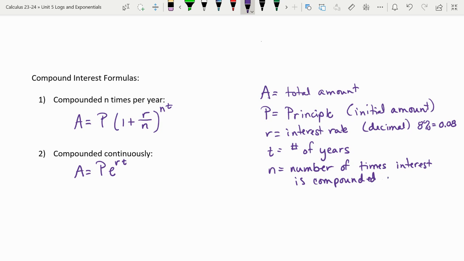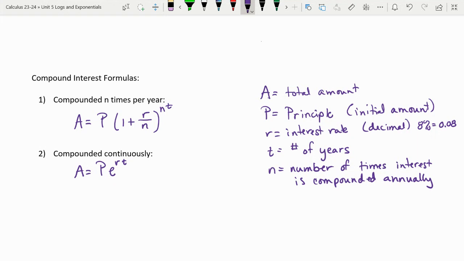So if interest is compounded quarterly, then N is 4 because we would compound interest 4 times per year. Or in other words, we would calculate how much interest is earned or how much interest is owed 4 times a year, quarterly. If I were to do it daily, then N would be 365.